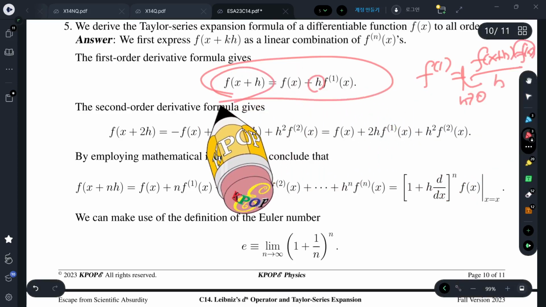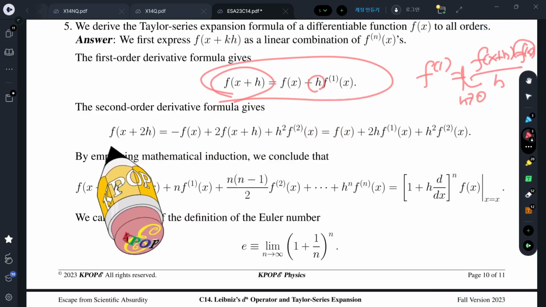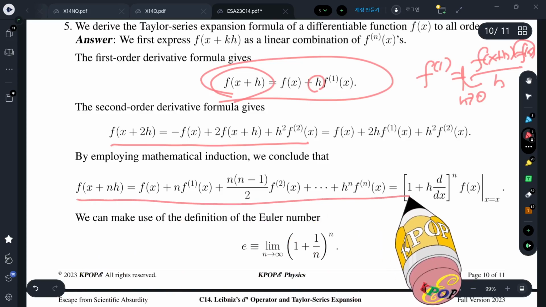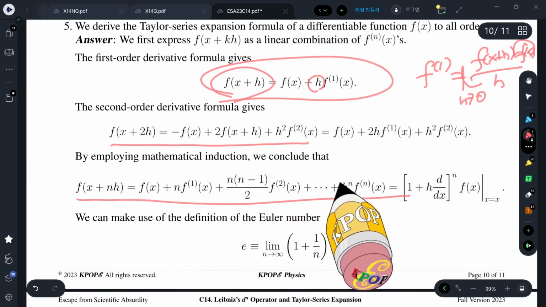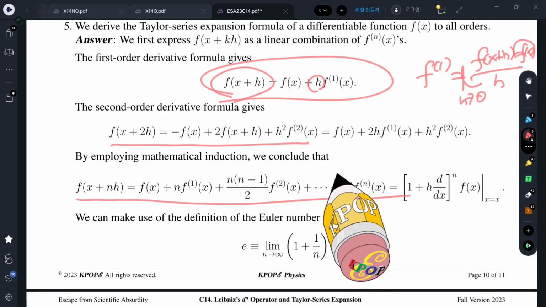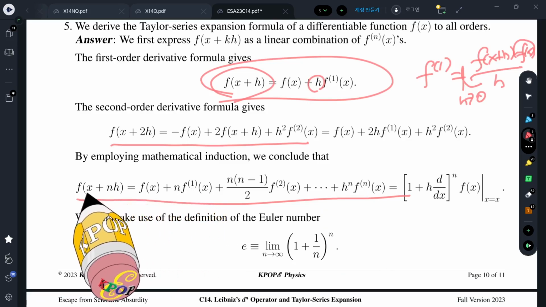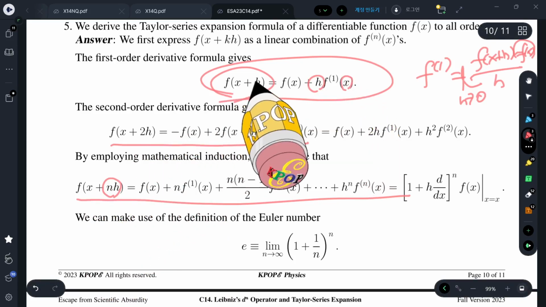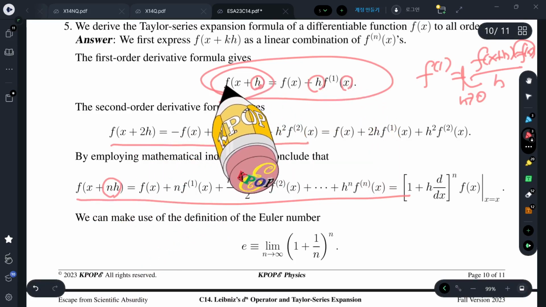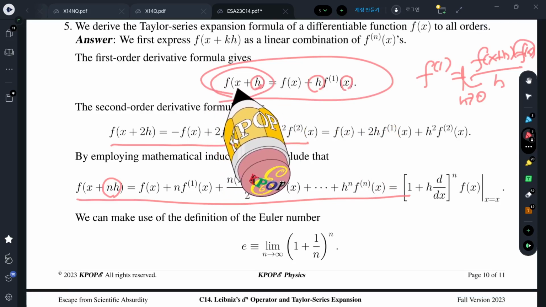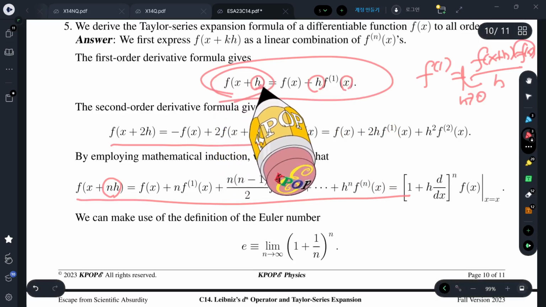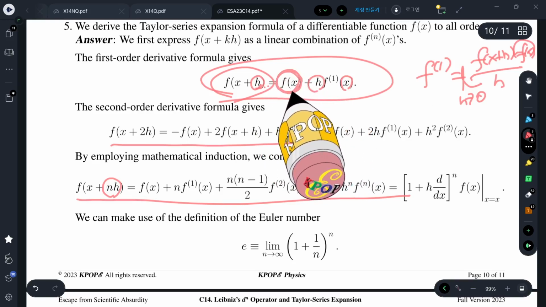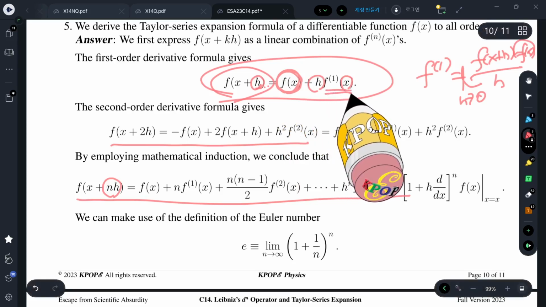So if I apply this one n times, you shall find repeated application of the previous one reveals that the value of the function at x plus h can be expressed as a linear combination of f of x and the first order derivative.